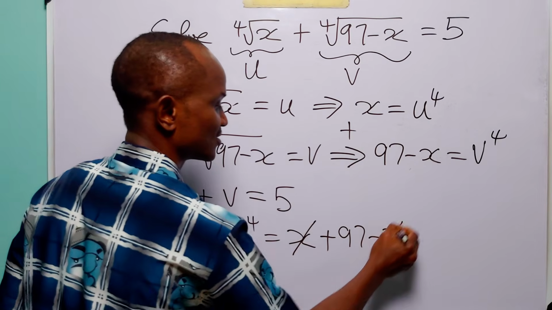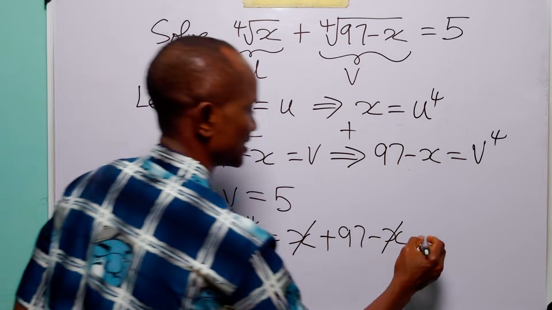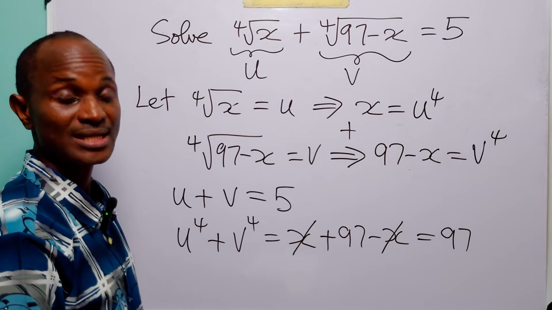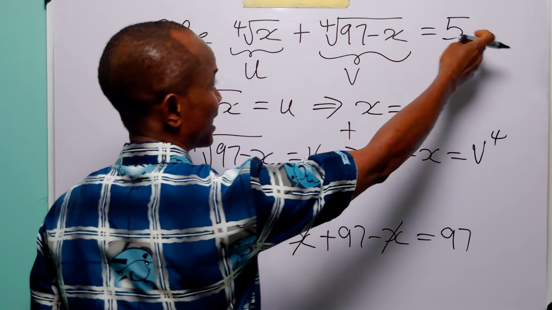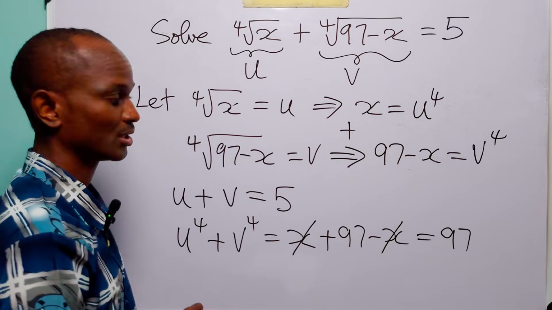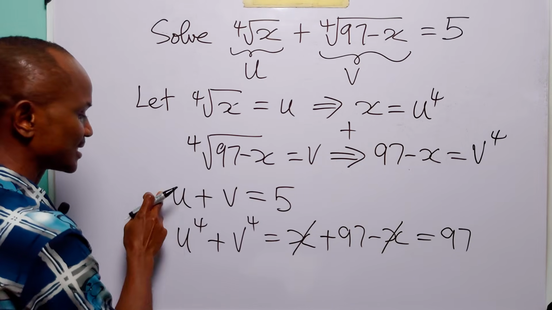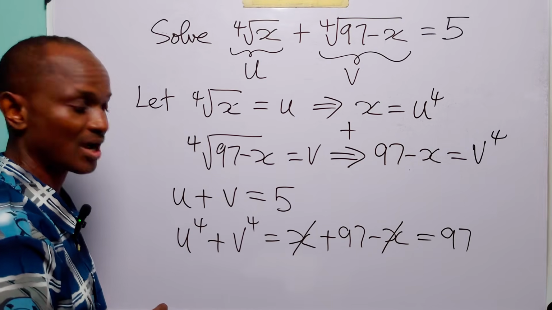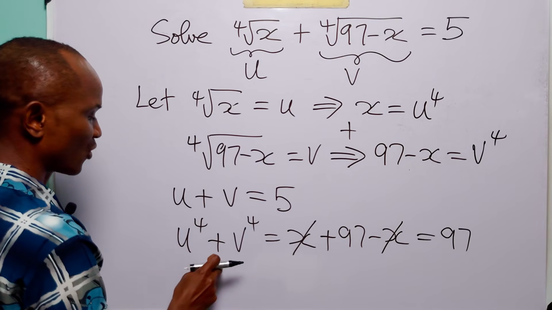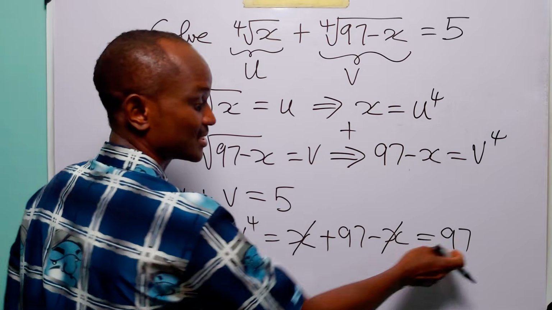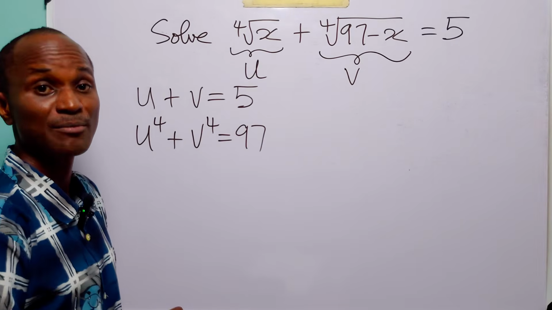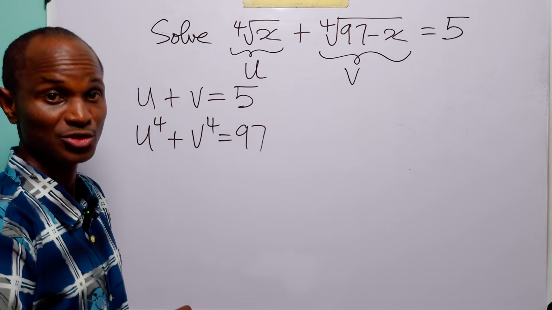And of course, x is going to take care of minus x, leaving us with 97. So now you can see that we have reduced the original equation, the radical equation, to a system of equations. u plus v is equal to 5 and u to power 4 plus v to power 4 is equal to 97.